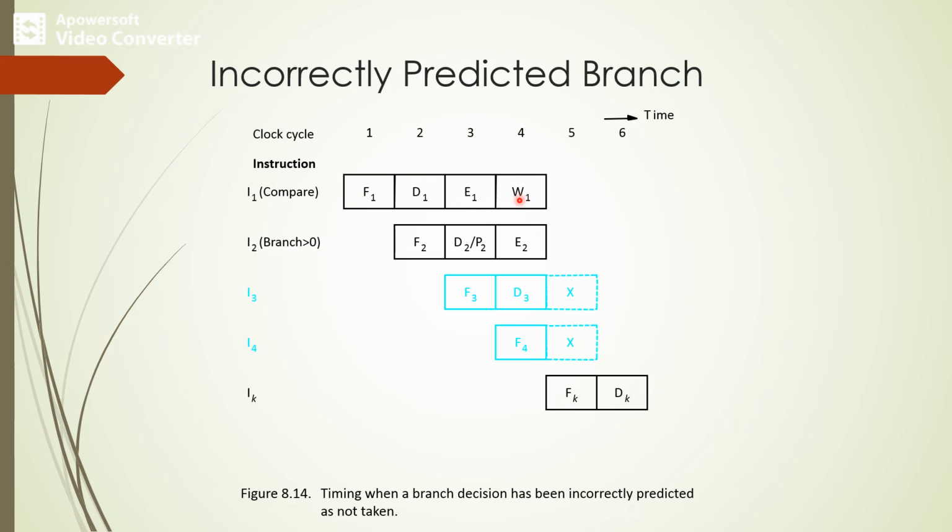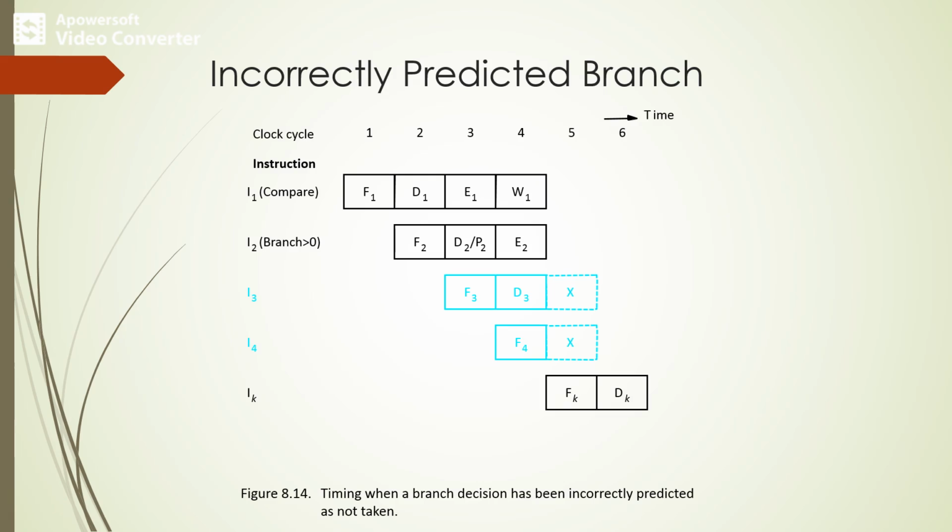The figure shows a compare instruction followed by a branch instruction. The first instruction is the compare instruction and here is the branch instruction. The branch prediction takes place during clock cycle 3.